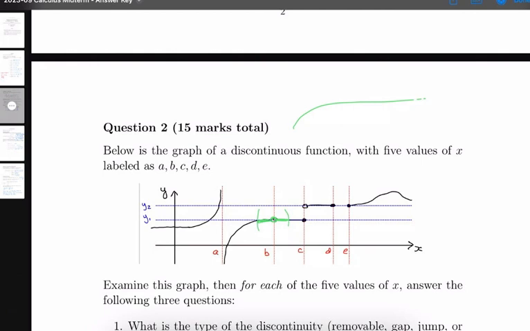Because C has one point that is closed and the other one is open. So that means one is included and the other is not included. So the one that is included has jumped to the other one, which is not even included.